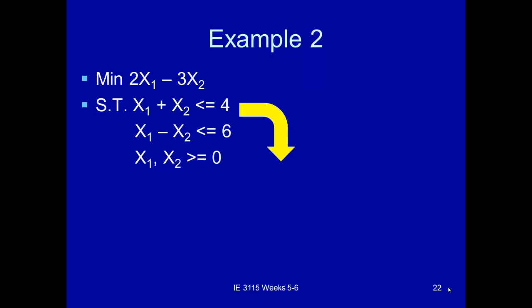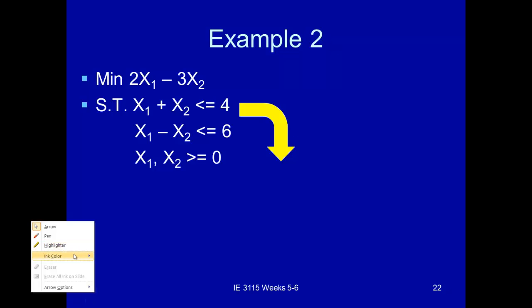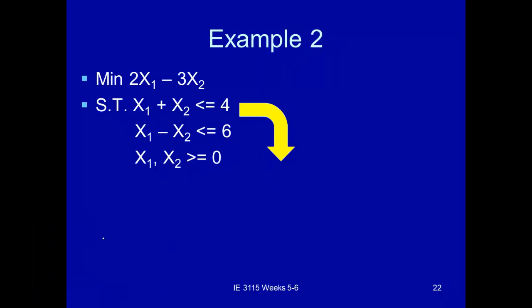Now we'll do this one quickly. This one should be pretty simple now. I'm sure you won't be able to do it in 4 minutes, but we'll just convert this one quickly.